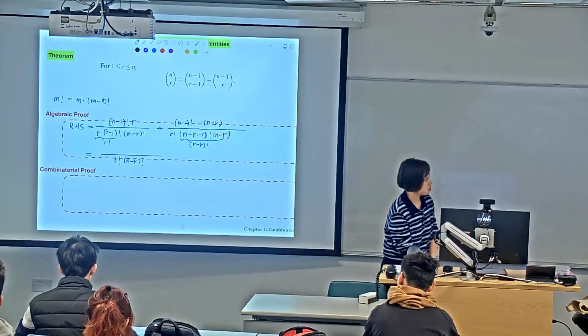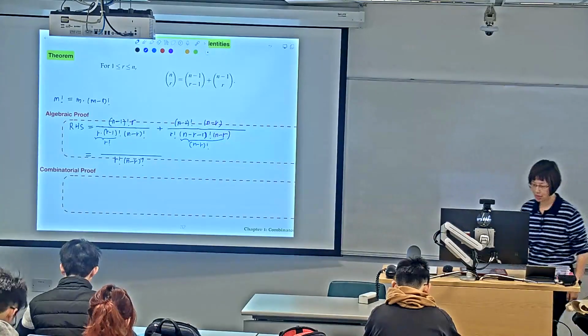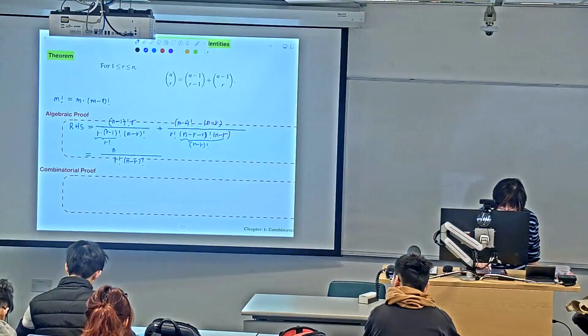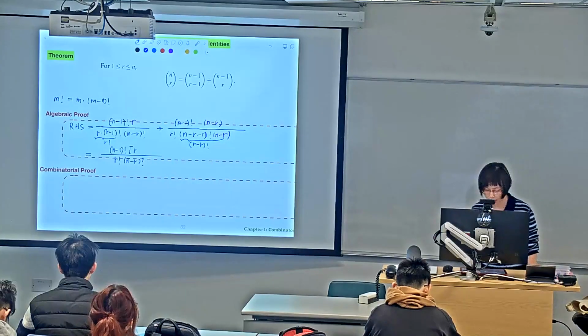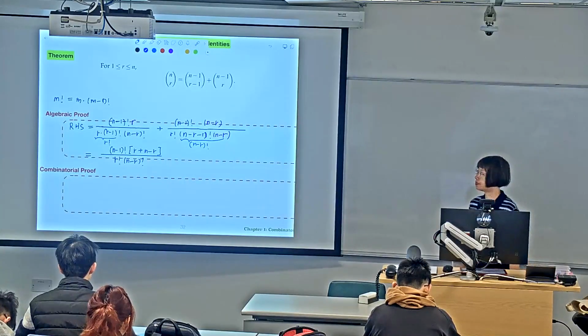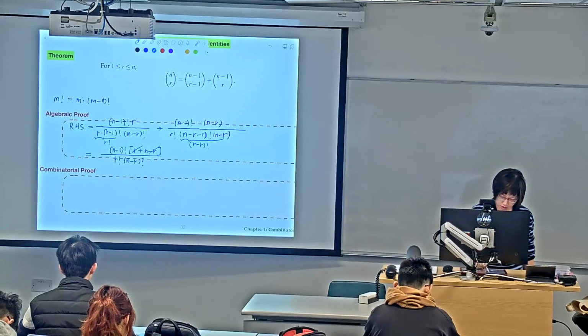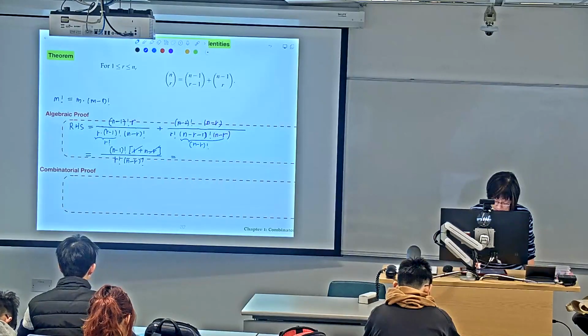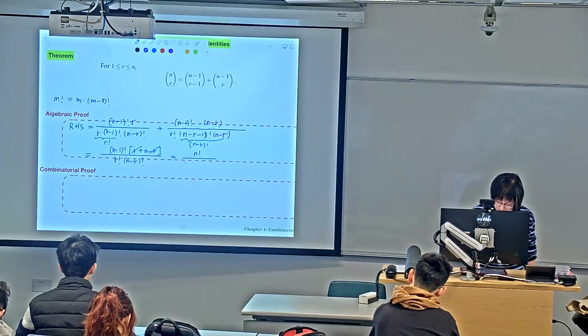And then we sum up the numerators. We have common factor n minus 1 factorial, so I just take it out, and multiply by r plus n minus r. So the r and minus r cancel. We have n times n minus 1 factorial, which is n factorial.